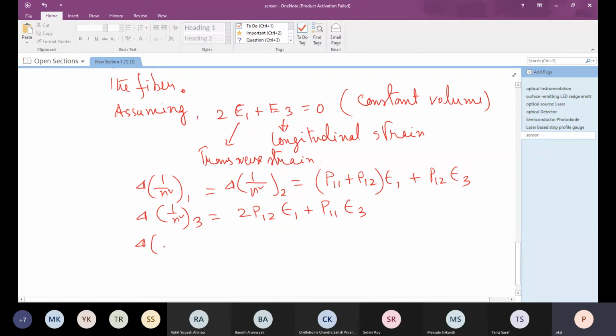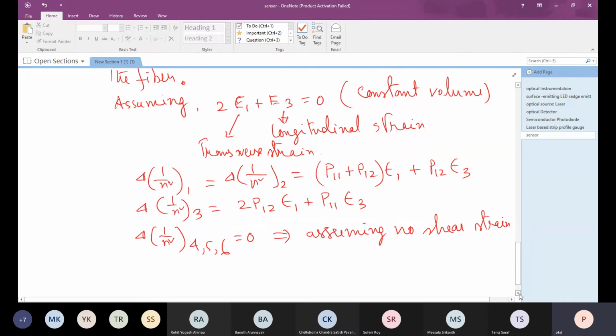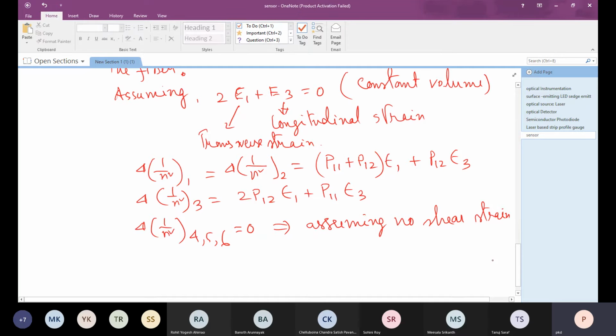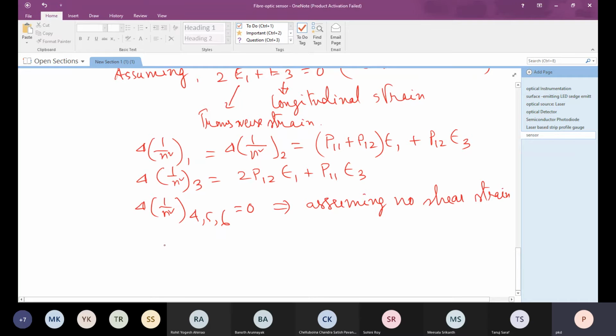Assuming there is no shear strain, delta 1 by n square 4, 5, 6 can be assumed 0, because we have assumed that the magnetic field is aligned along that vertical direction, so there is no cross component as such.